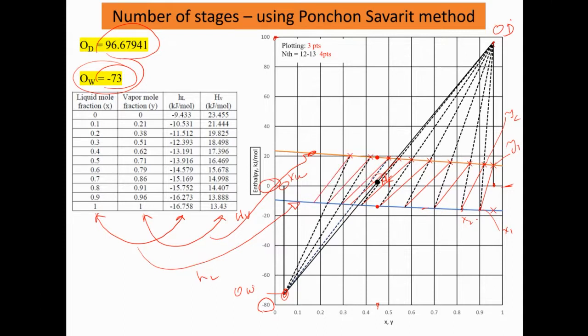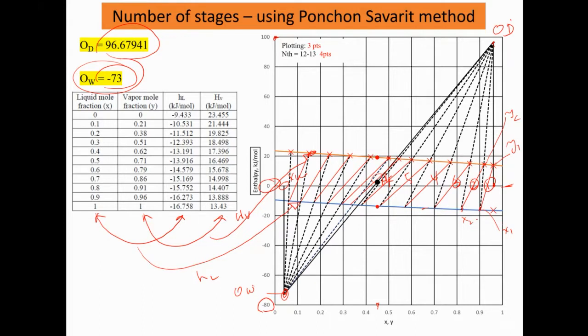All of these are the tie lines, so you can count 1, 2, 3, 4, 5, and so on until you reach this last point here.